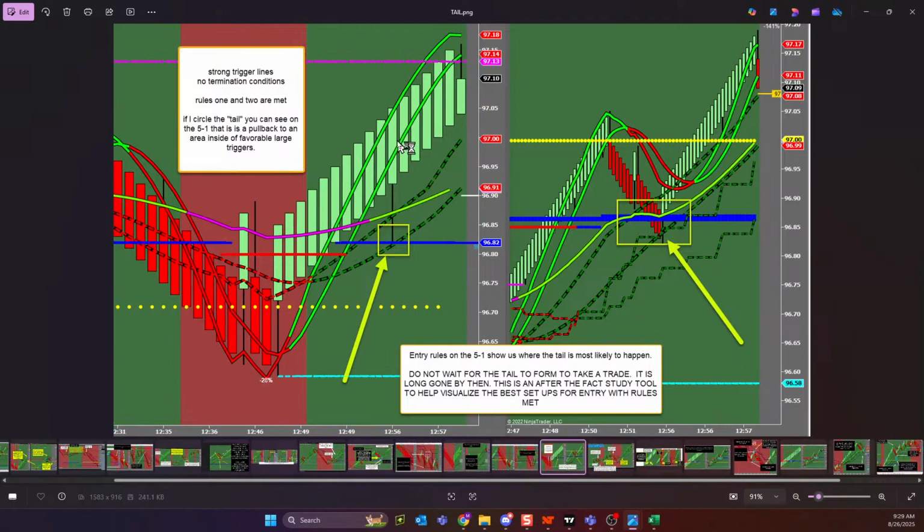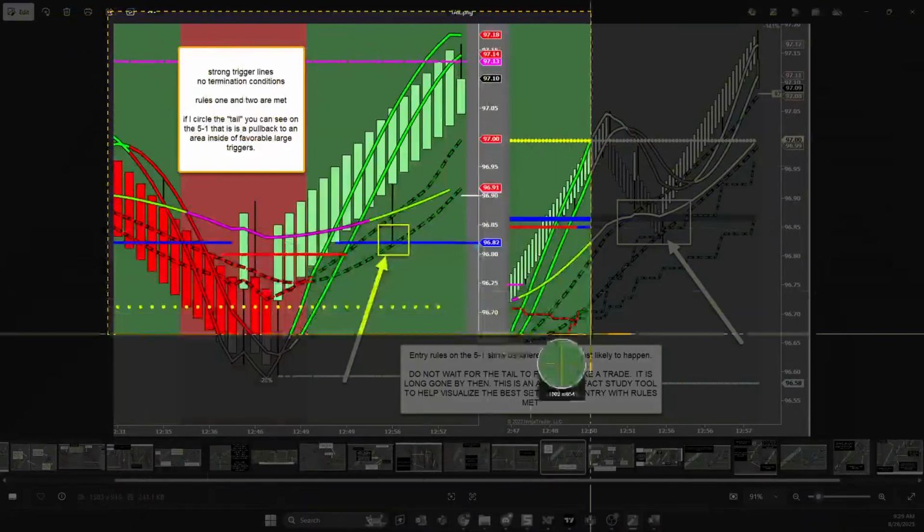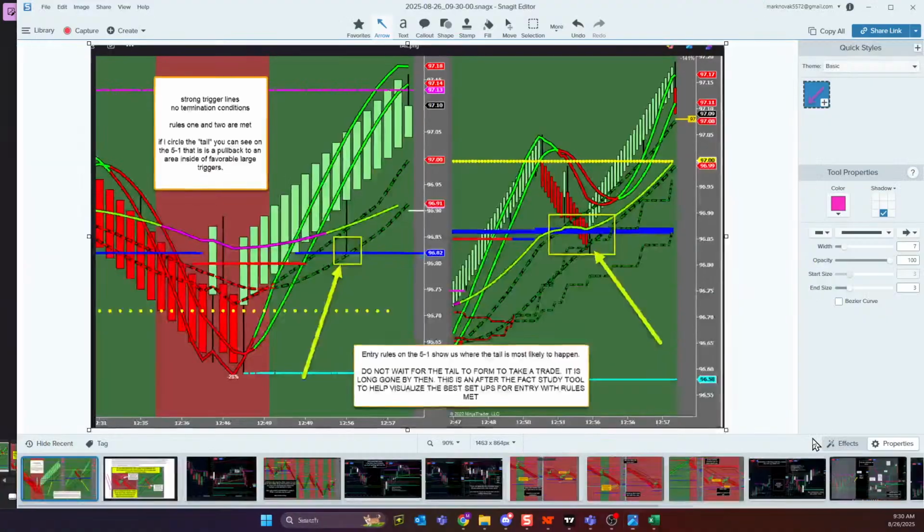So when the large chart is up, when the large chart has strong triggers, when the large chart has room to targets, ladies and gentlemen, your job is to wait for the smaller, faster chart to go down. That's hard to do as a brand new user, and that's why study creates confidence and trust. This tail on a large chart comes from this pullback on a small chart.